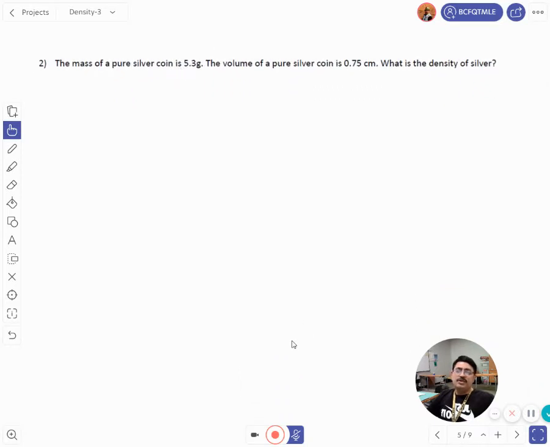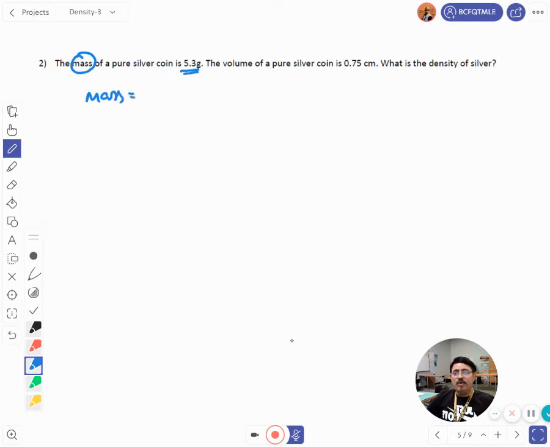This is a straight question: the mass of a pure silver coin is 5.3 grams. So always copy the information. Mass is 5.3 grams. The volume is 0.75 centimeters. What is the density? Come on, this is a really easy question.